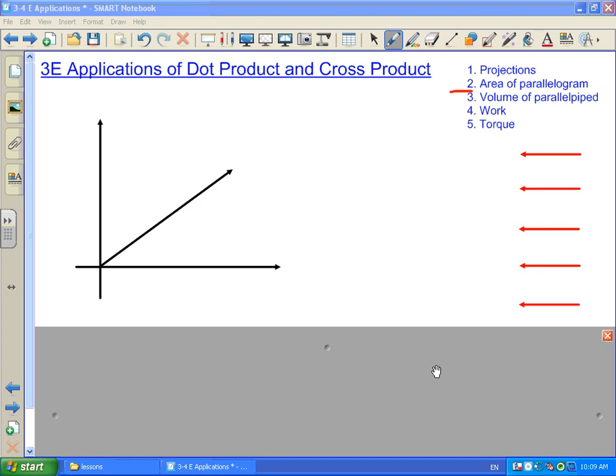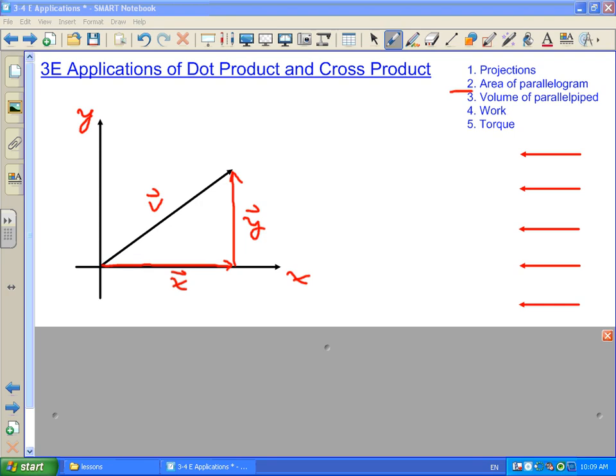If we had some vector, we'll call it v here, and we took this vector v and we broke it down into its x component and its y component. So we said we could have a vector here along the x-axis, which we called x. We had a vector here that ran parallel to the y-axis that we called y.